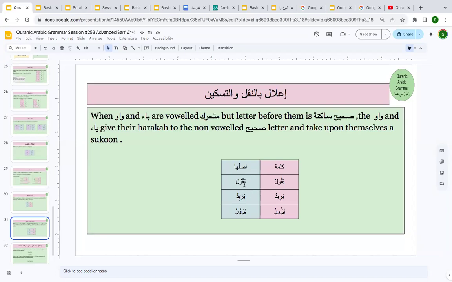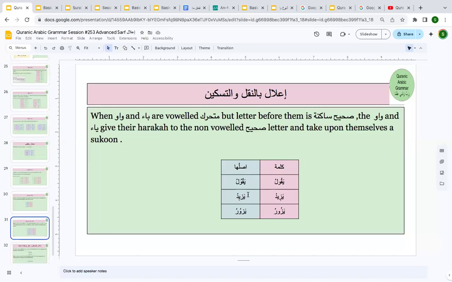So here, first of all, there is a nakal, right? There's a movement of a dhamma from waw to qaf. The process is ilal bin nakal, and then you ended up with the scheme. Is this clear? How yakvulu got changed into yakulu.